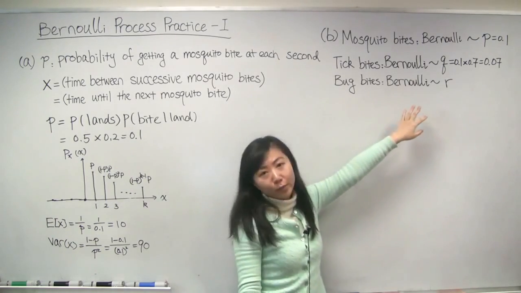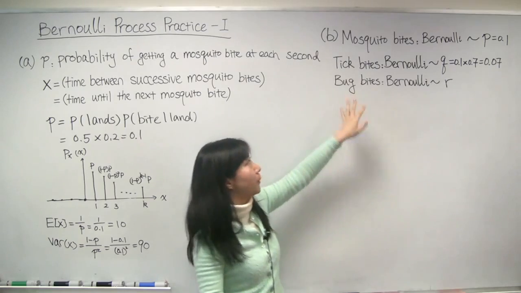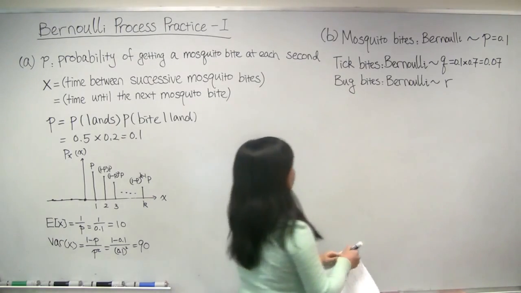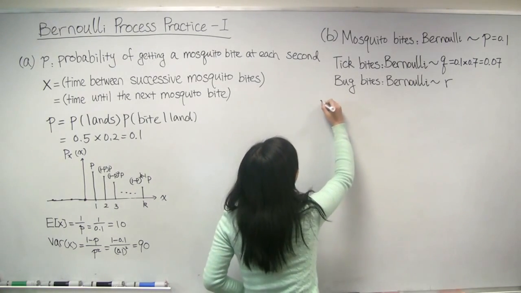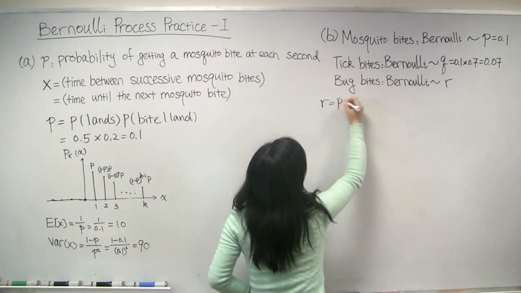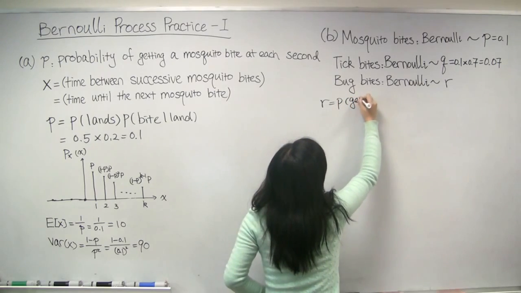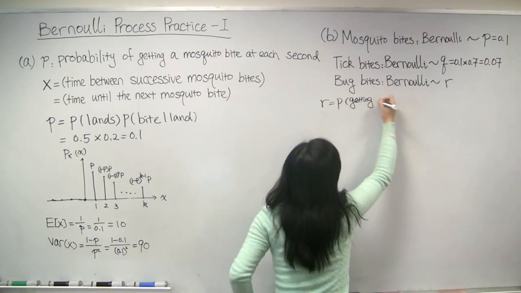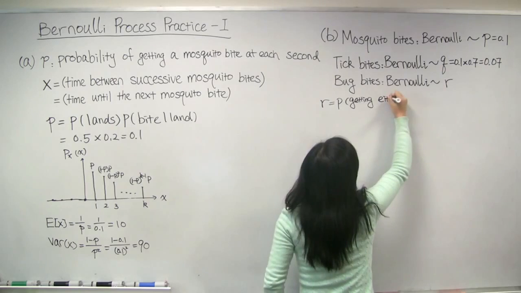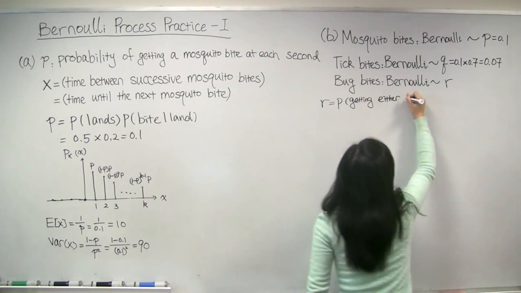And let r represent the parameter for the bug bites. So here, r is equal to the probability of getting either a mosquito bite or a tick bite.